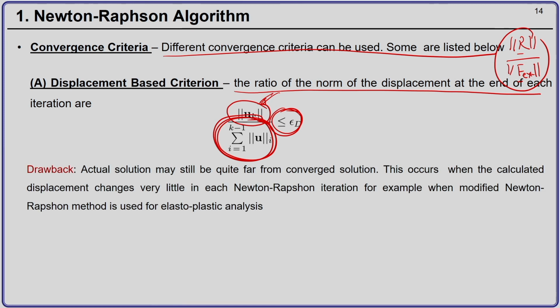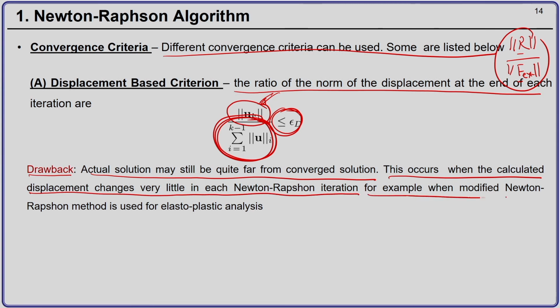But one of the problems with this strategy is that the actual solution may still be quite far away from the converged solution, and this will occur when the calculated displacement changes very little in each Newton-Raphson iteration. For example, when you are using the modified Newton-Raphson strategy in elastoplastic analysis, then if you use the displacement based criterion, you will have a solution which is far away from the converged solution, and eventually you will not get the final solution. Okay.